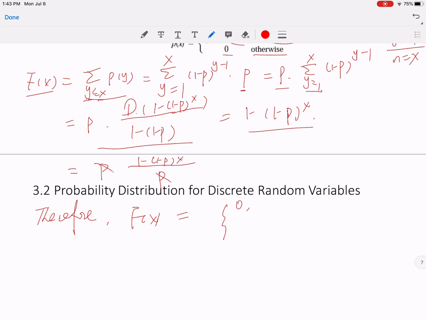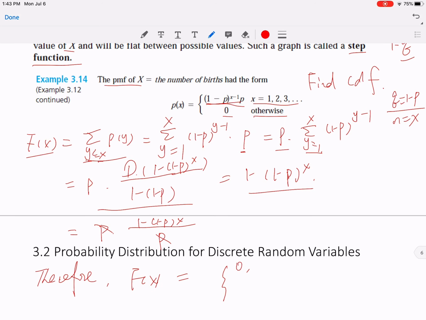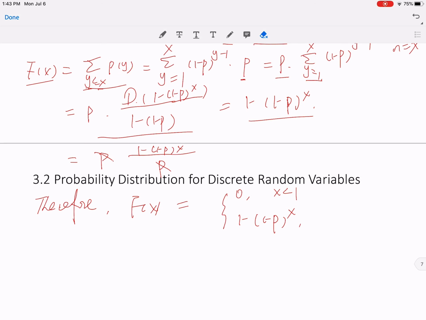Of course, since x must be greater than or equal to 1, the value of the CDF would be 0 if x is less than 1, and then it would be equal to 1 minus (1 minus p) to the power of x for x greater than or equal to 1, where x is equal to 1, 2, 3, and so forth. So that's pretty much how we find the CDF.